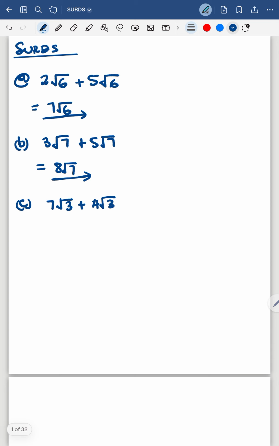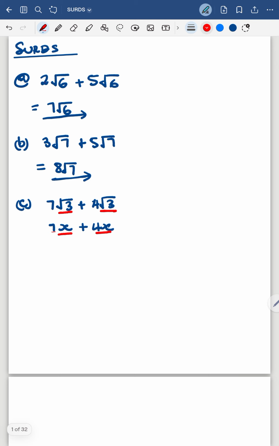Okay. So here, if you notice again, this root 3 and root 3 makes these terms like terms. So it's still the same as 7x plus 4x, if you know algebra. This x and x makes these like terms. So when you add 7 plus 4, you're going to have 11x.